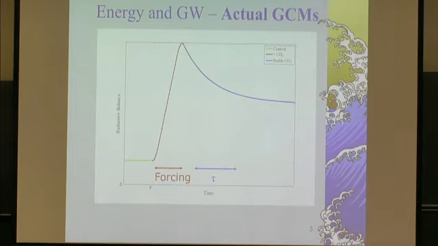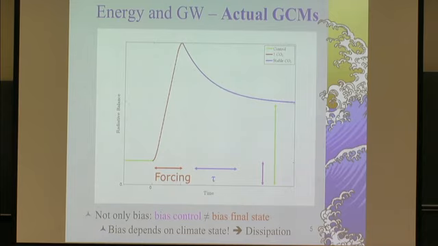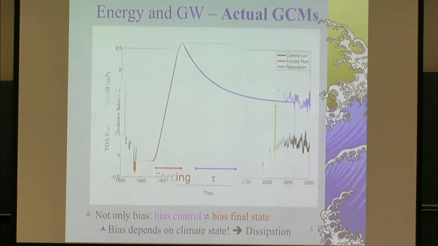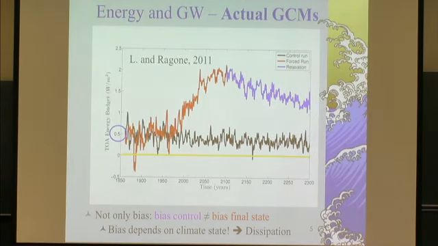I show you briefly the integration of an actual climate model, and many of the very newest generation models have biases of this order of magnitude, which I think needs to be addressed.